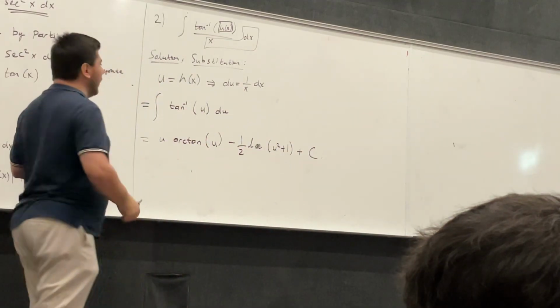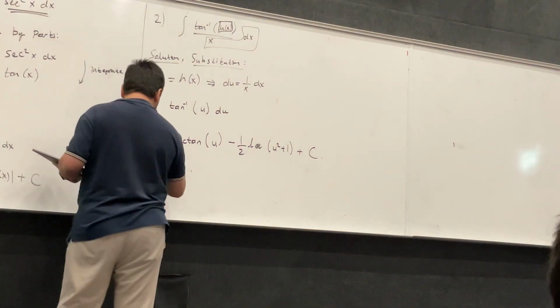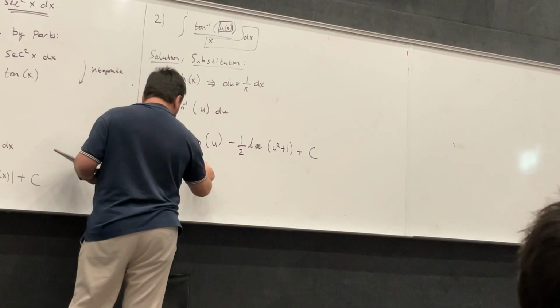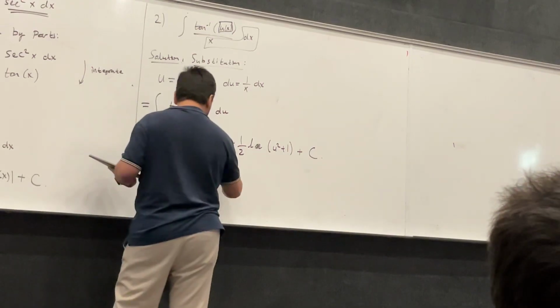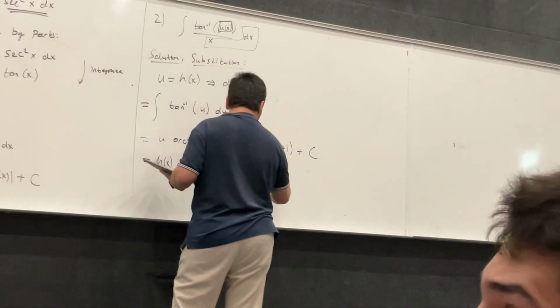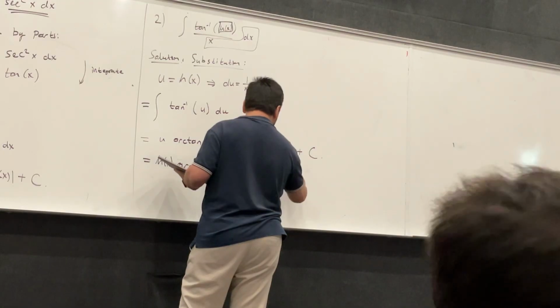What was u? Log of x. So the answer is ln x times arctangent of ln x minus 1 over 2 log of 1 plus ln x squared.